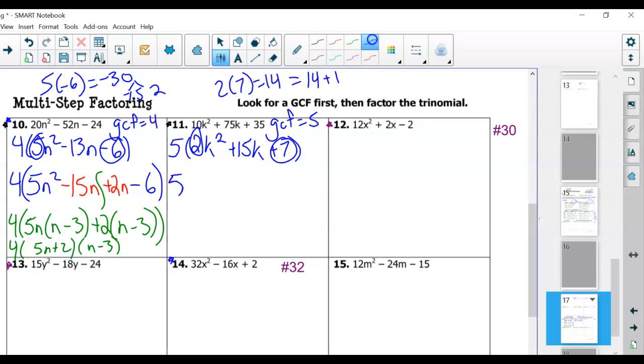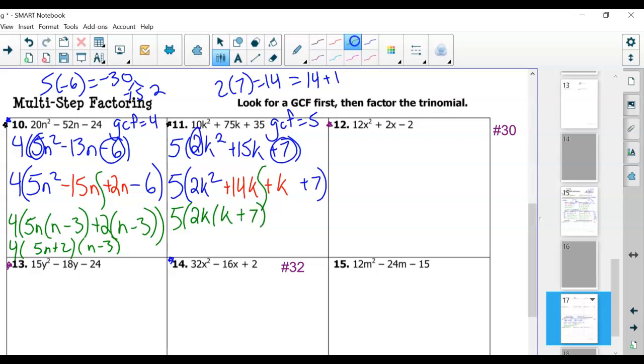So I'm going to bring down my 5, bring down my first and my last term, and bring down my 2 new factors, and start my grouping process. Bring down my 5. On the left side, I can factor out a 2 and a k, leaving me with k plus 7.